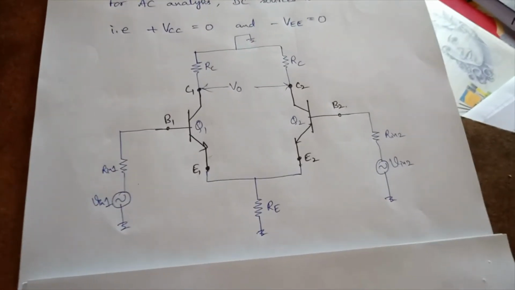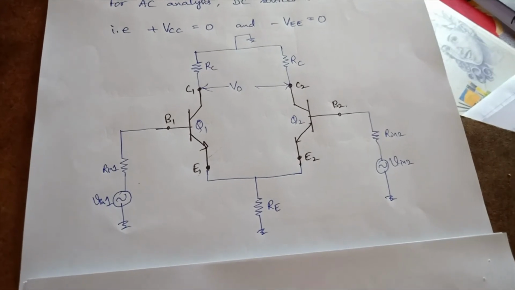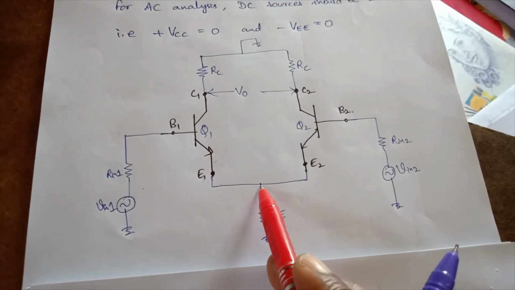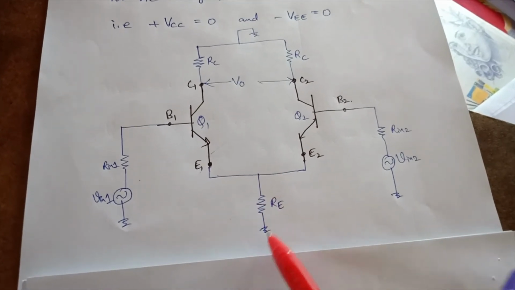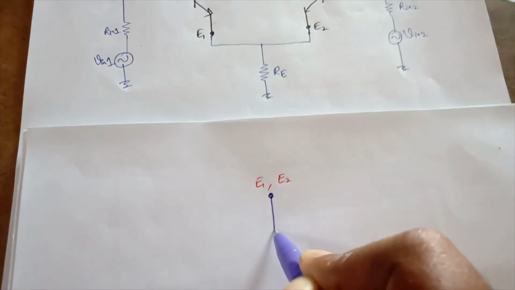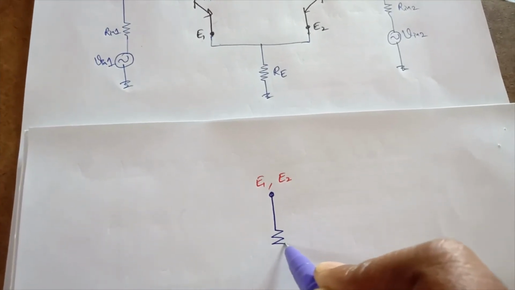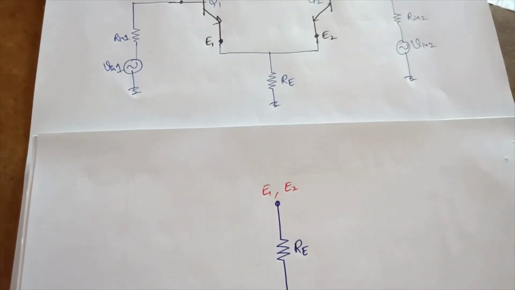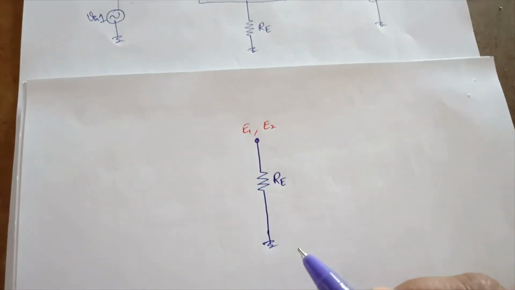Let the terminals be E1 and E2, both short circuited. From E1 and E2 we have a resistor to ground. I take this resistor the same as it is and make it ground. So this is the circuit.